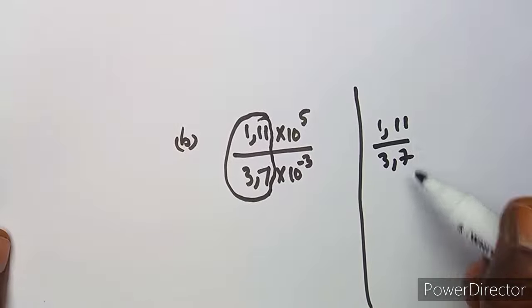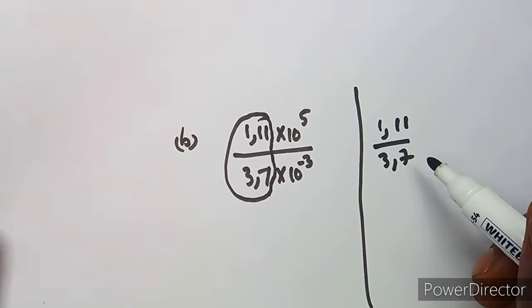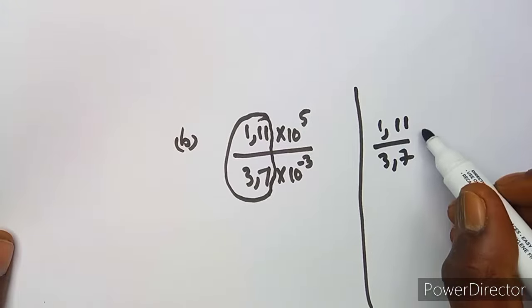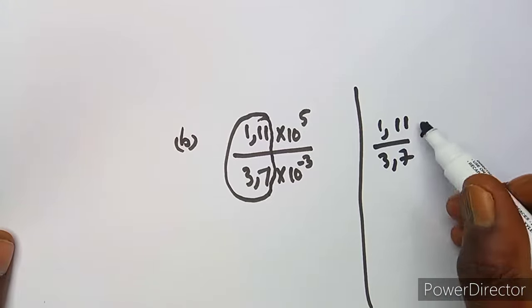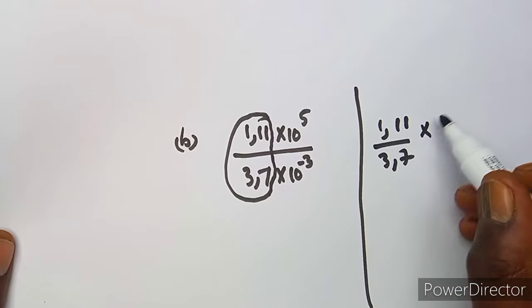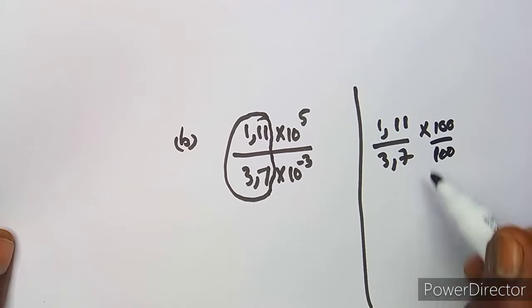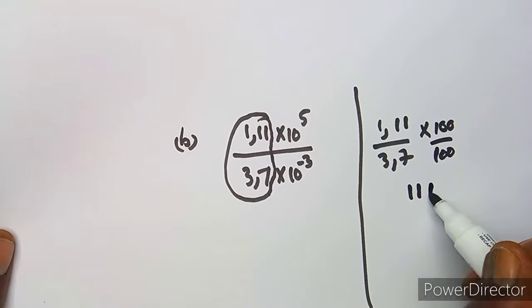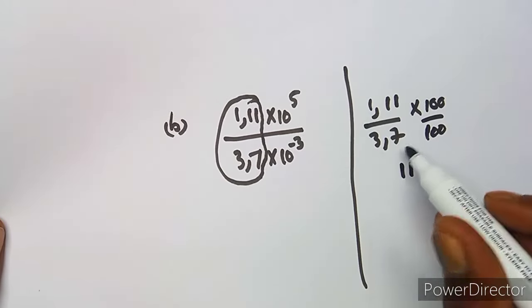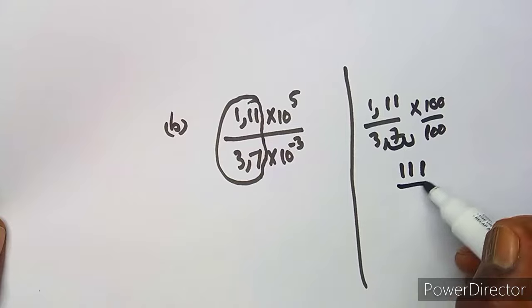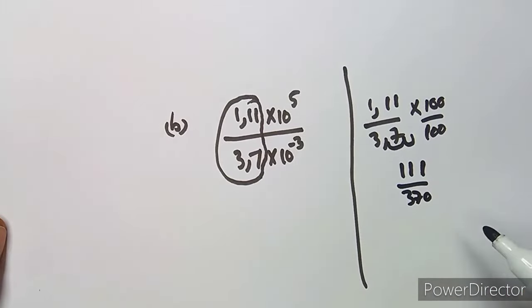So what am I going to do to divide this? I can multiply by 10 or by just 100, so that we can get rid of all these decimals. So we multiply by 100, which is going to be 111 in this case, and this is going to be 370.